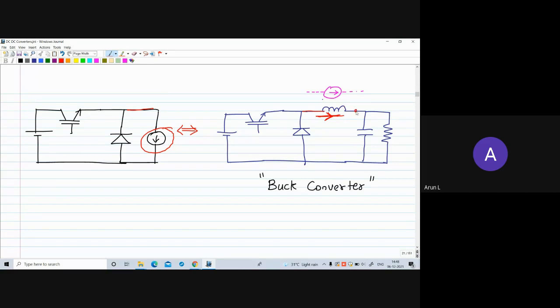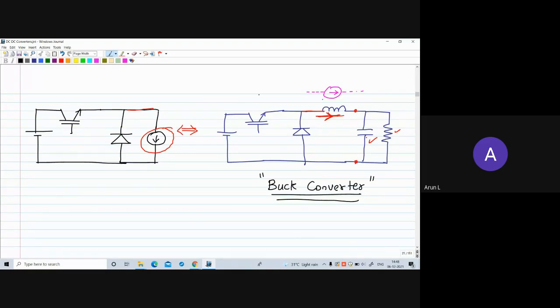And if we connect the output, these two terminals, to a load section consisting of a filter and a load, that is a capacitance filter and a load, this circuit will be familiar to all of us. This is a standard buck converter. So this is how we derive a buck converter from the fundamentals.